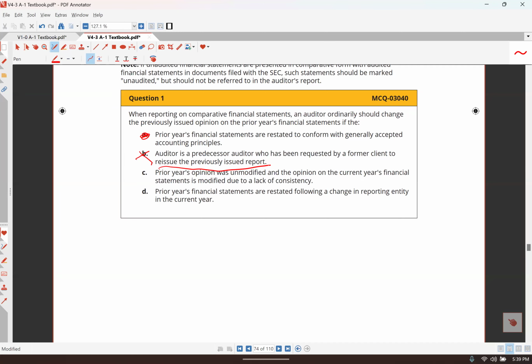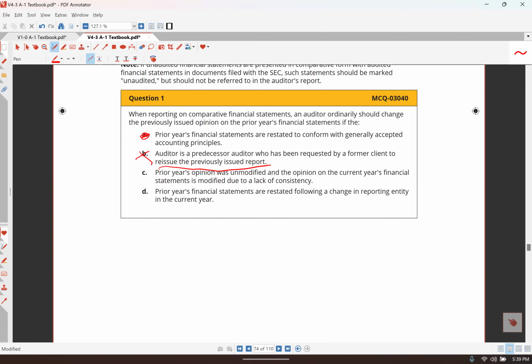A bank or something says, well, we're fine with last year's statements, but we want the date of the report to be March 31st. I could come in and change the date of that previous report that would cover the December 31st date, and change the date to March 31st.